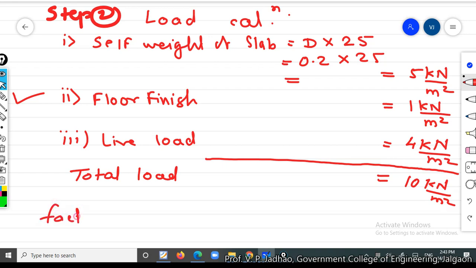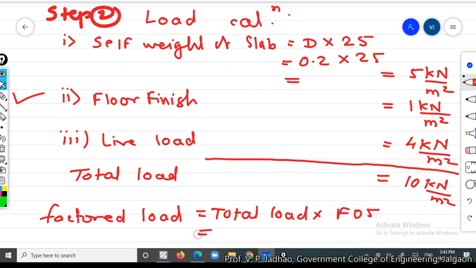Factored load is equal to total load into factor of safety, that is 10 multiplied by 1.5. Therefore factored load is equal to 15 kilonewton per meter square.